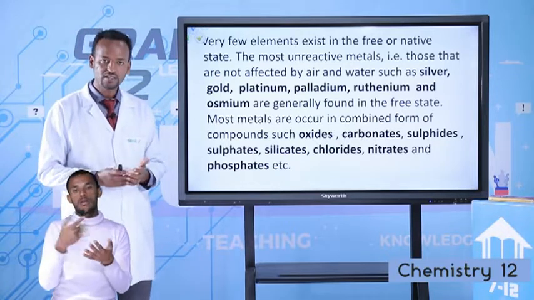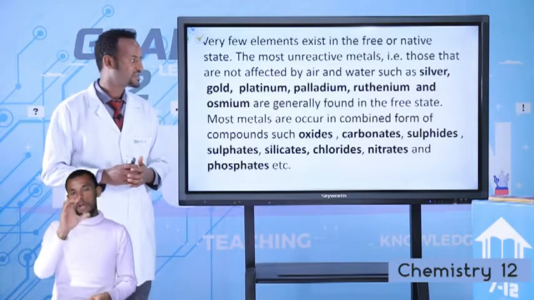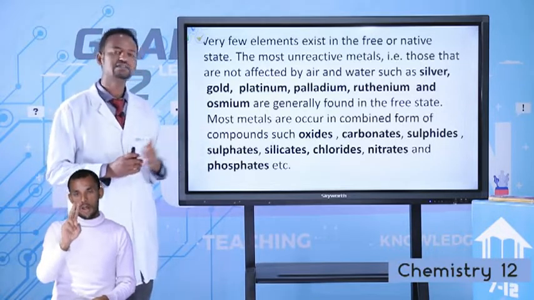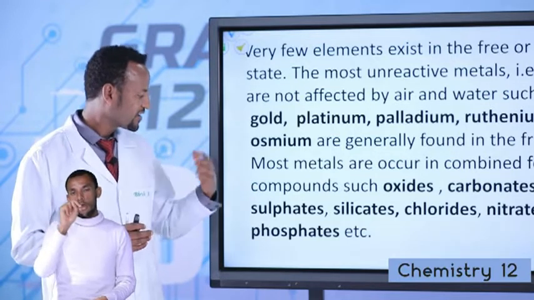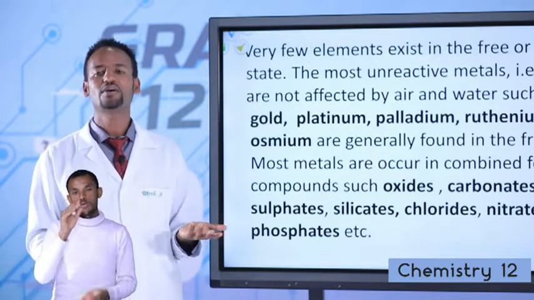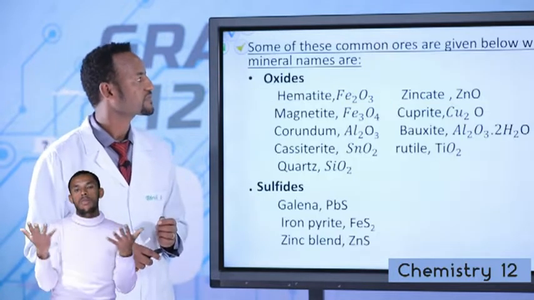In the forms of what? In the forms of oxides, carbonates, sulfides, sulfates, silicates, chlorides, nitrates, phosphates, and so on. This is all because of the reactivities of the elements.